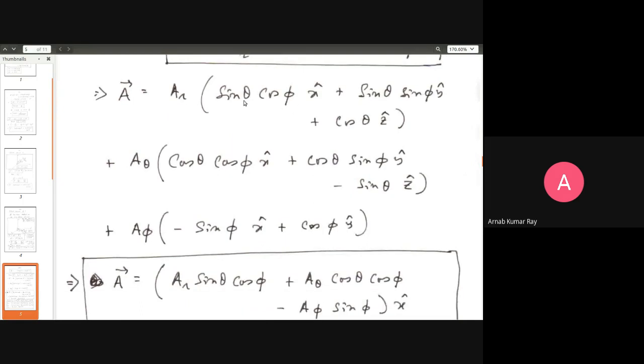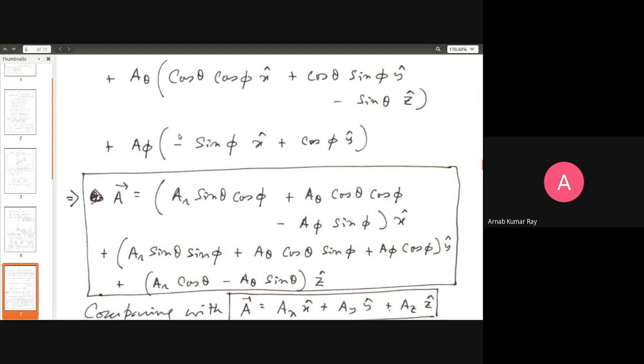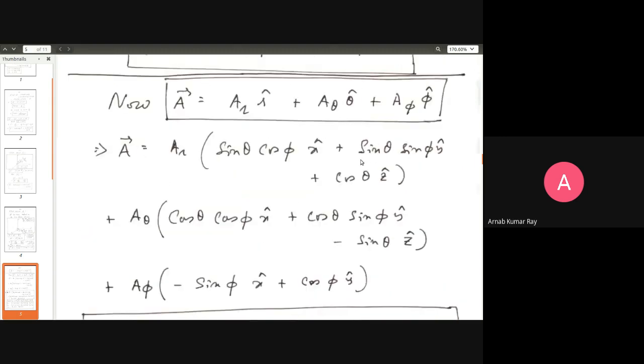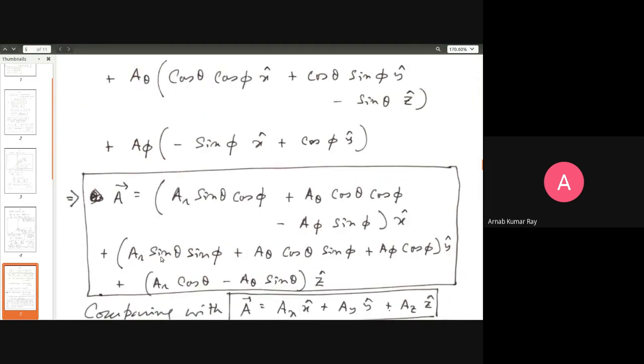You have this A_r sine theta cos phi, A theta cos theta cos phi, minus A phi sine phi, this x cap. Then you have got A_r sine theta sine phi y cap, A theta cos theta sine phi y cap, A phi cos phi. So all of them are put together into y cap.